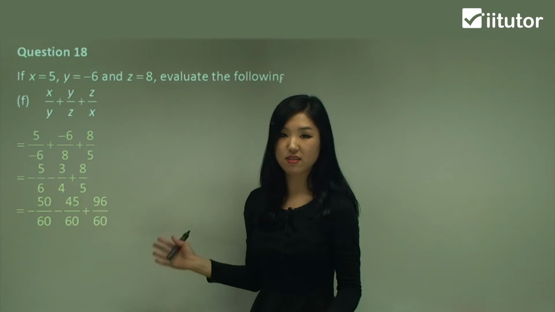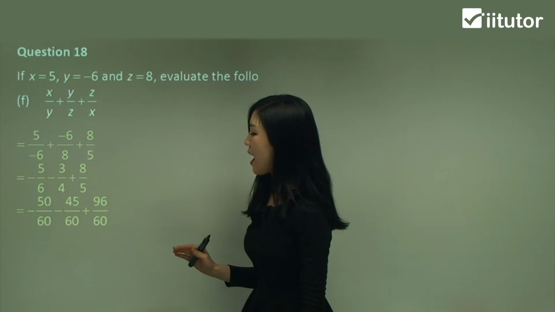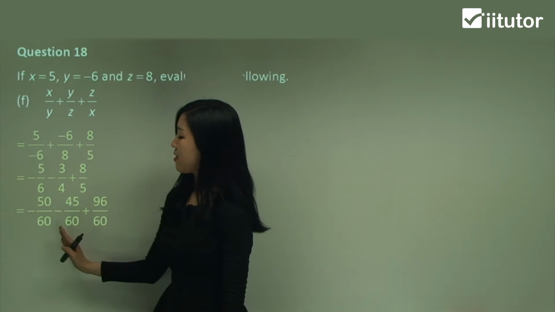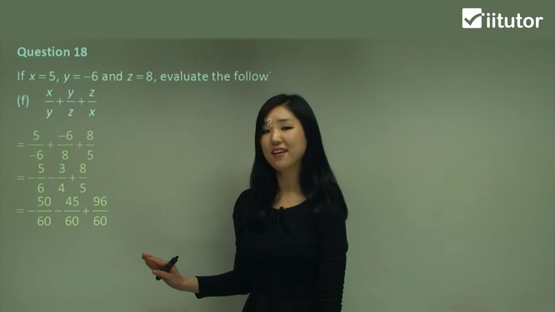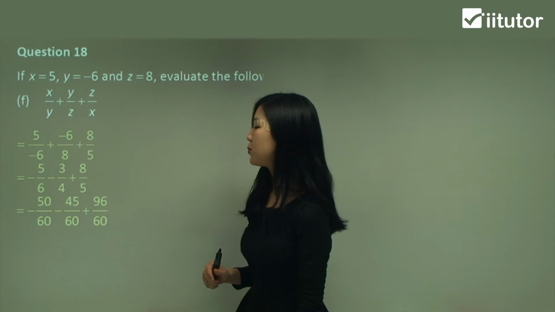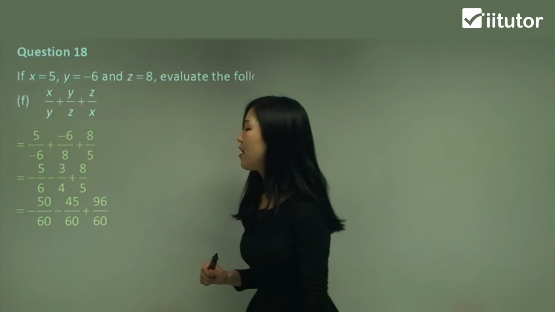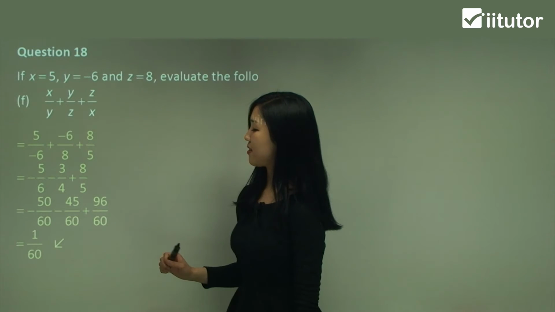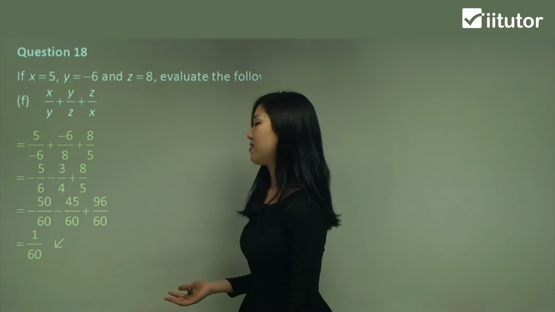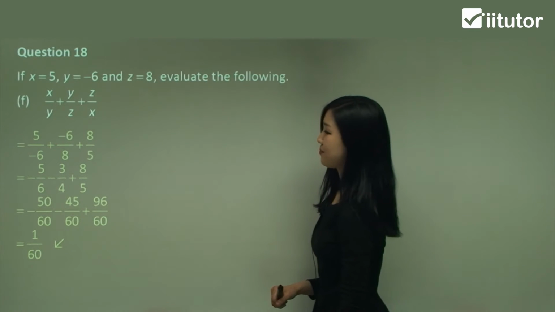That was just easy stuff that we did in year 8, didn't we? So that was just easy, readjusting the fractions to make the same denominator. Okay, so make sure you find that lowest common multiple, and then all we need to do is gather our numerators. So minus 50 minus 45 plus 96 will be 1. So 1/60 is the final answer. Okay, and that's it.